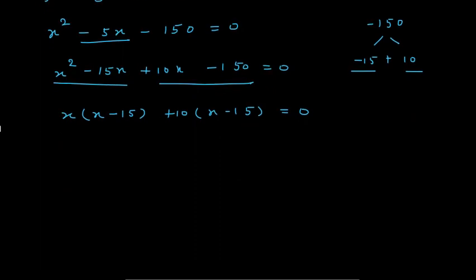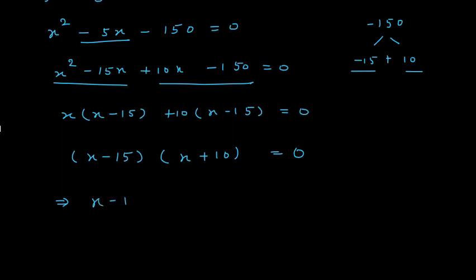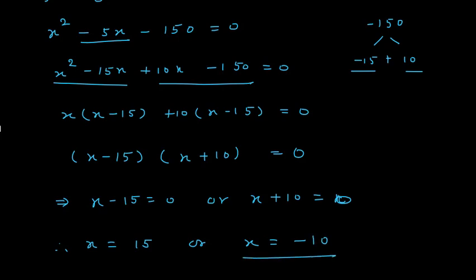So here we get x minus 15 into x plus 10 is equal to 0. This will give us either x minus 15 is 0 or x plus 10 is equal to 0. So therefore x is 15, or x is equal to minus 10. So x is equal to 15 or x is equal to minus 10 is the required answer.